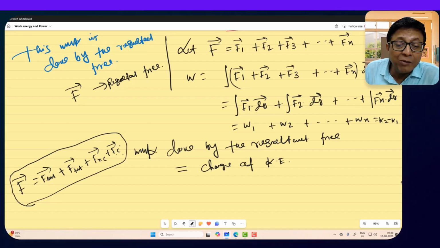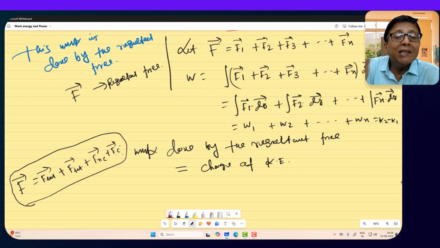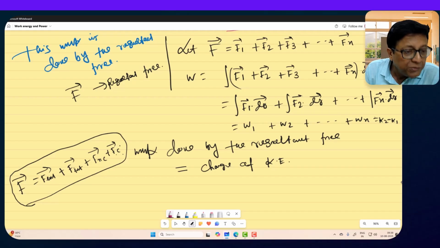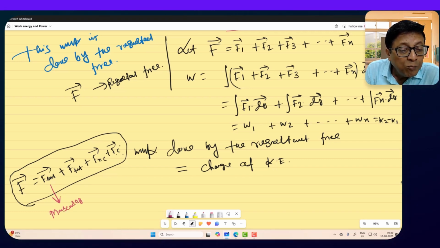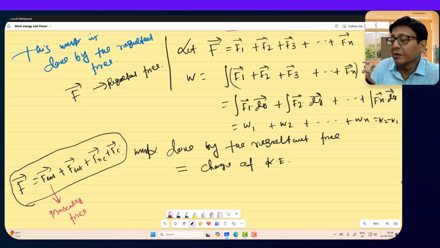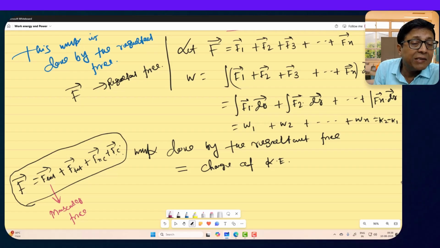Example, you can ask me, what are the examples? Why you are telling all these? External force means the muscular force I am going to apply. Any form of muscular force you are applying on it, that is F external.